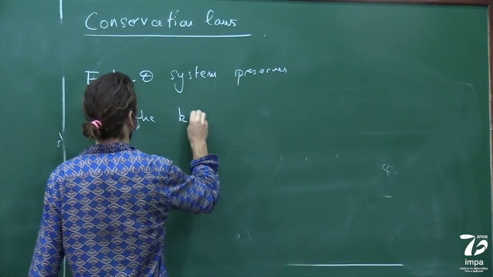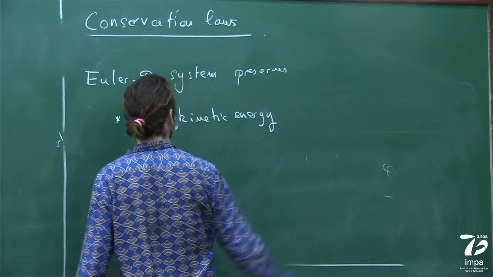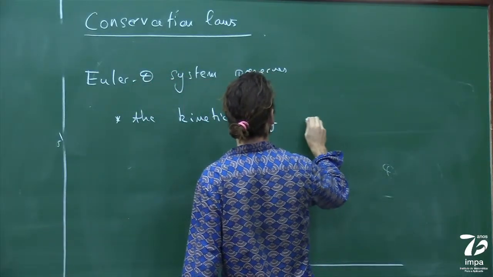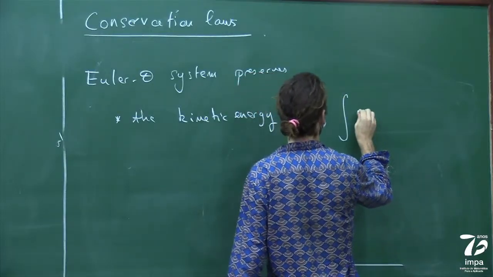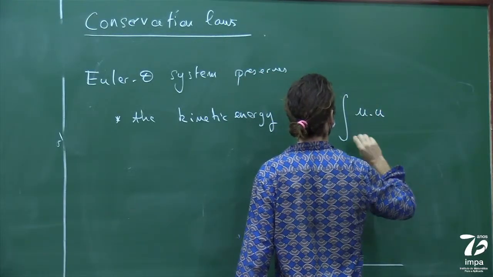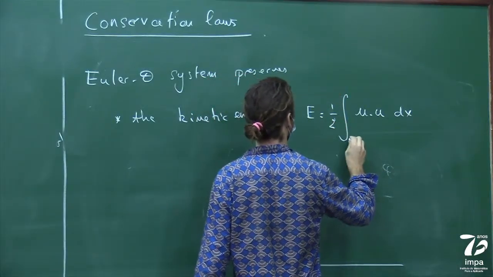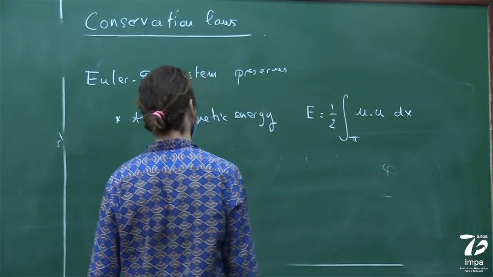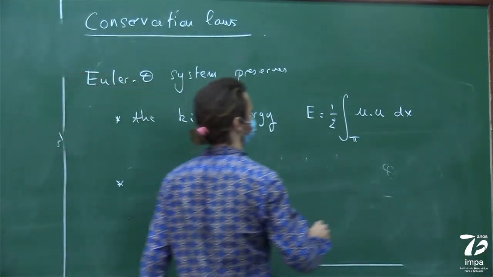The kinetic energy is simply the integral of 1/2 |u|² dx over the domain. See lecture 1.